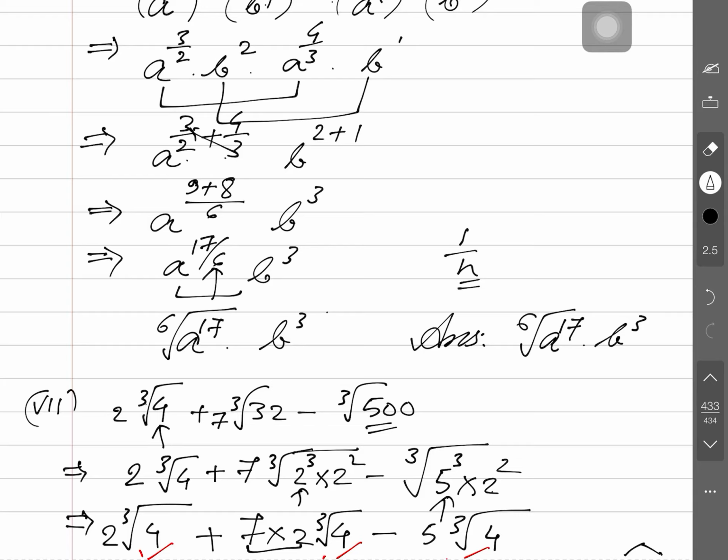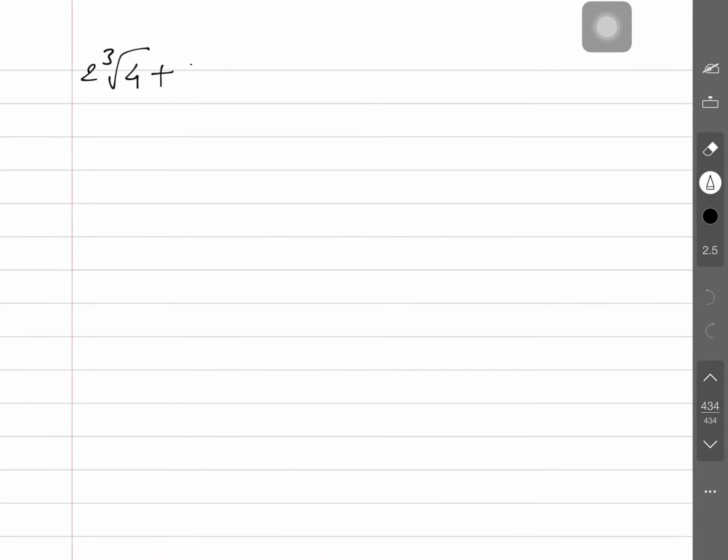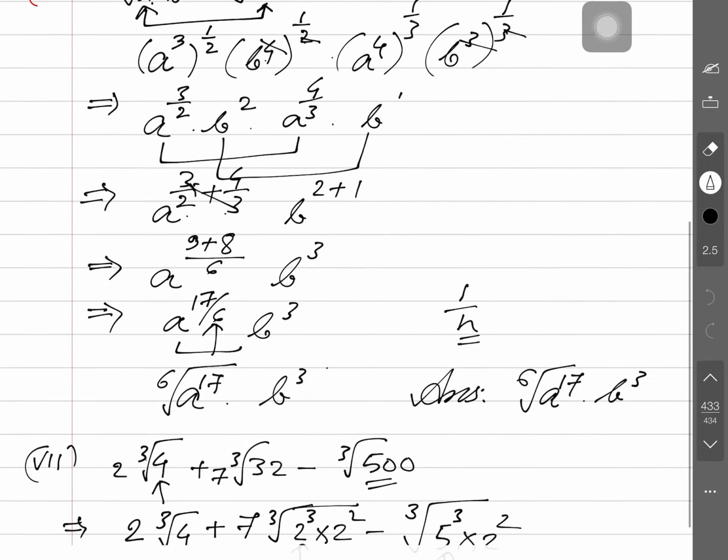Okay. 14, and what the next is, 7 times 2 is 14 with index 3.